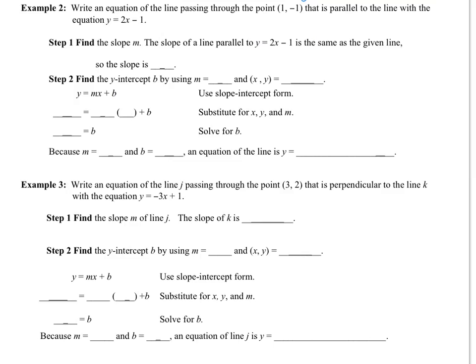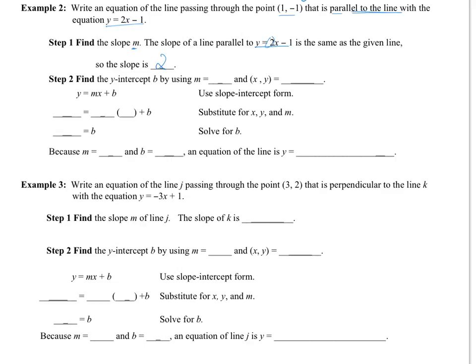Example 2, write an equation of the line passing through the point (1, negative 1) that is parallel to the line with the equation y equals 2x minus 1. To find the slope m, you just use the slope of the parallel line, so the slope is 2, because when two lines are parallel, they have the same slope.